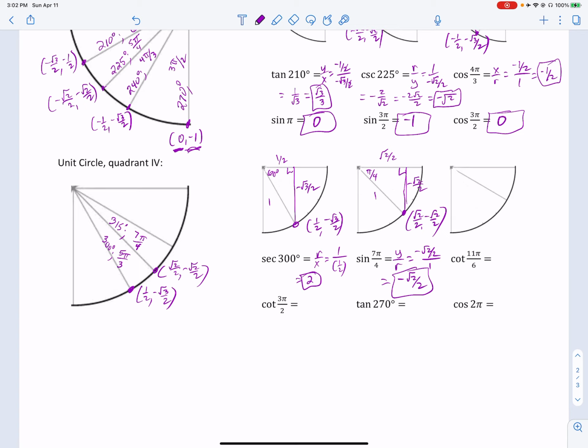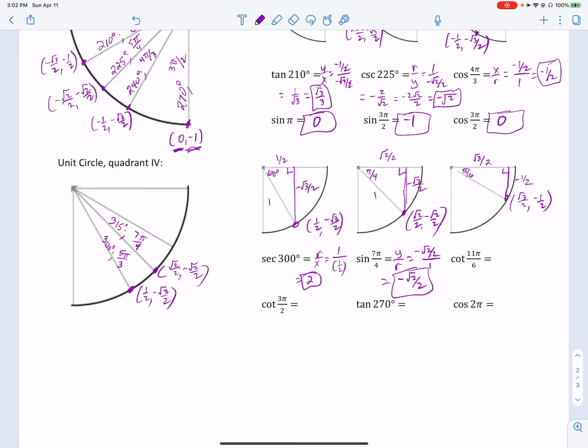And cotangent of 11 pi 6, that's going to make your reference angle pi 6, 30 degrees. You're going to go the long leg to the right, and your short leg down, so that's positive root 3 over 2, but down 1/2.